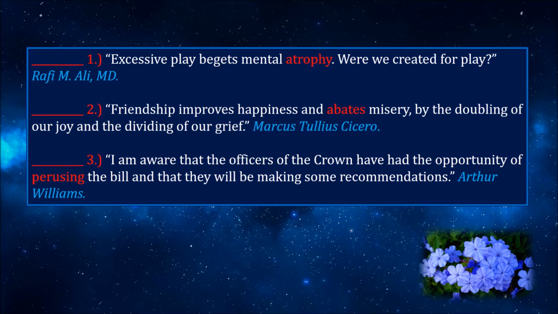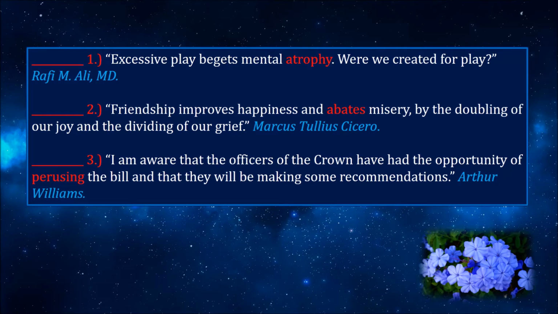Shall we go on with the sentences now. The first sentence is, excessive play begets mental atrophy. Were we created for play? That's the question. Excessive play begets. The word begets means to get, but it also means to have children, to give birth to.